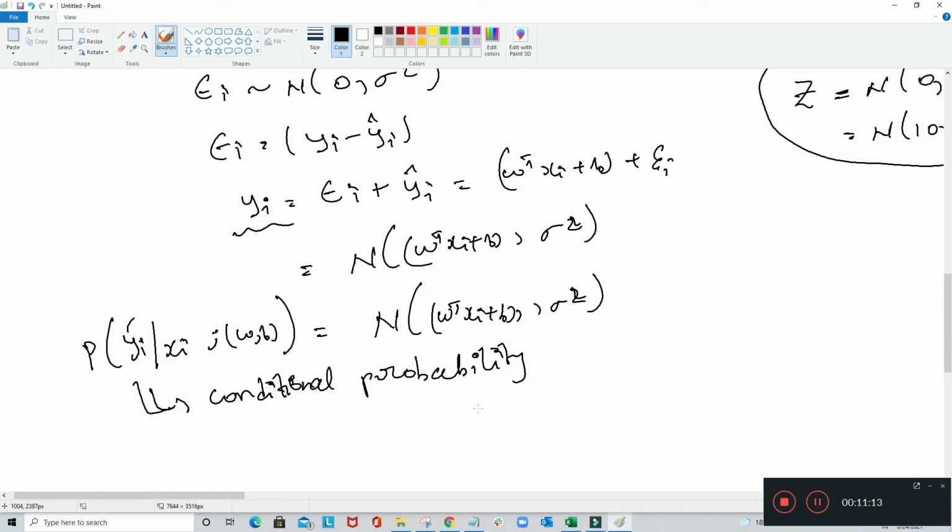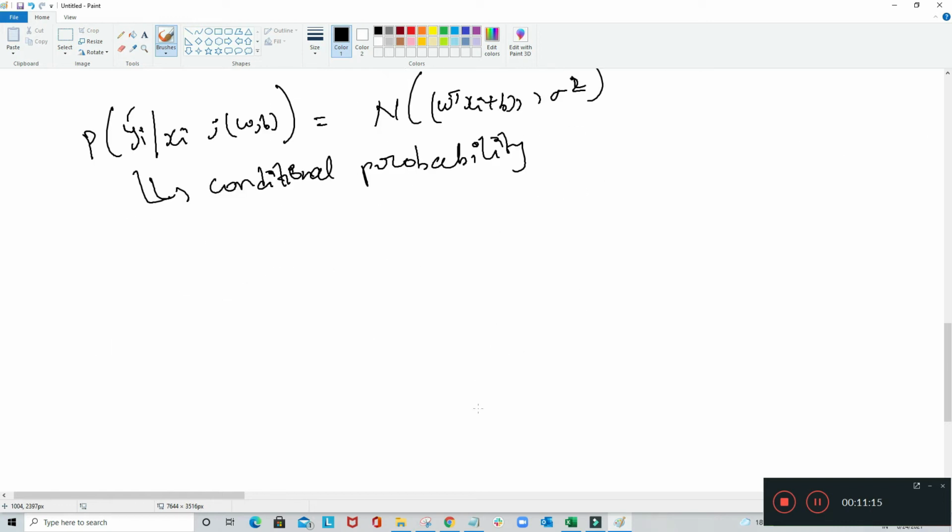That's what it states. And we know the likelihood representation or function for the above equation is, what is the likelihood for the value of w and b? We can find yi's or the value y when given x for a given xi.